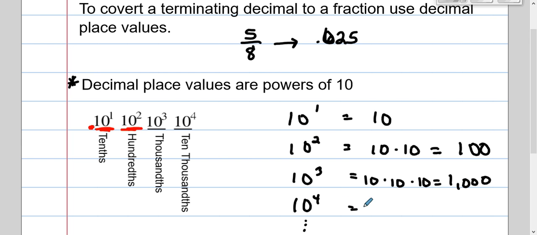And then the next place will be the ten-thousandths place. They continue to the right: 10 to the 5th power, 10 to the 6th power, and so on and so on.